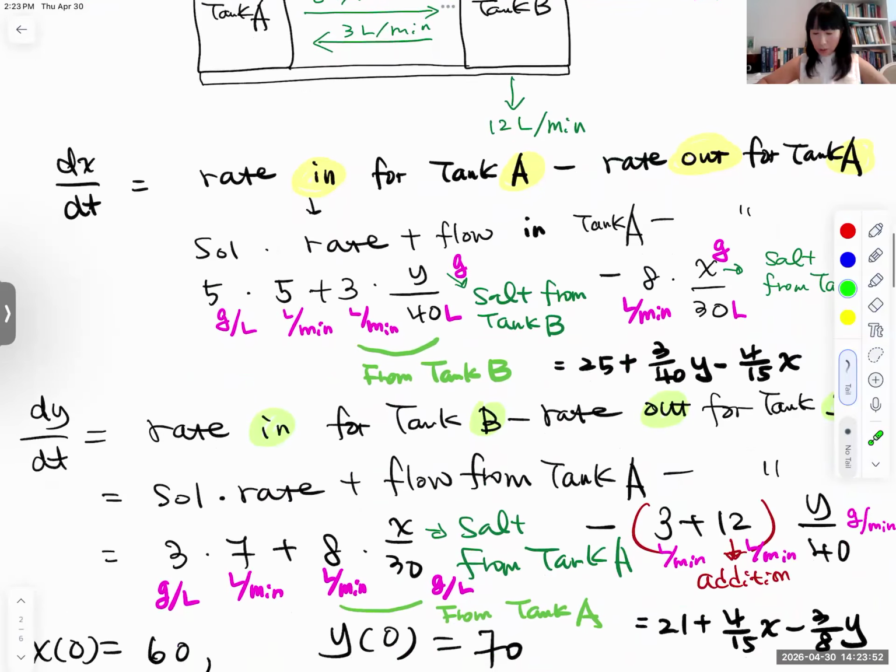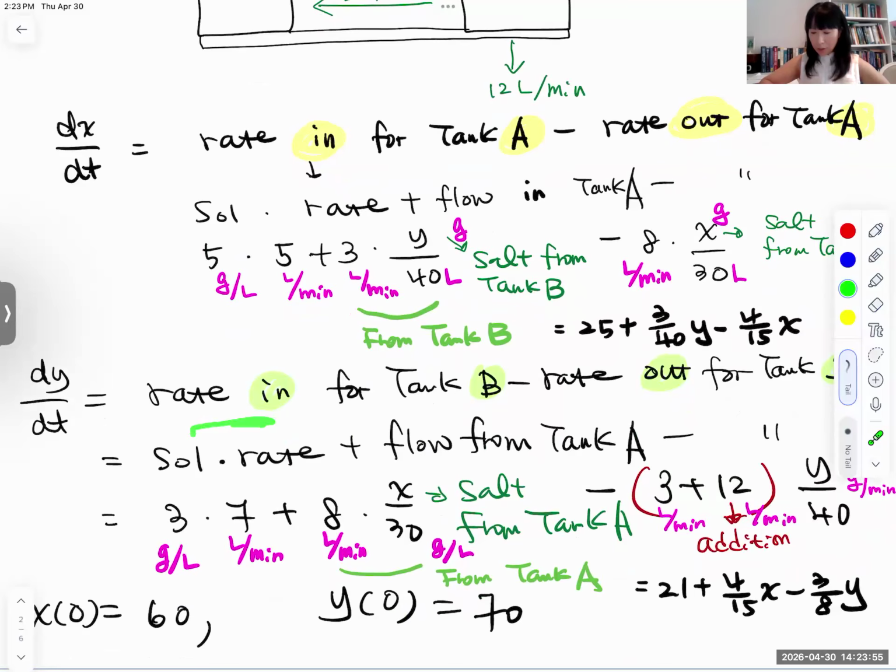Okay. So we are using the rate in for tank B, and the rate out from tank B, right? Same concept. We have a solution times rate plus the flow in from tank A. Then we should include a flow from tank B here too.